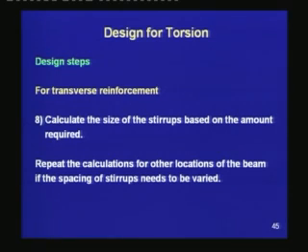The eighth and the final step is to calculate the size of the stirrups based on the amount required. Once we know SV, from the value of ASV by SV, we can calculate ASV, and from there we calculate the size of the stirrups and the number of legs that will satisfy the value of ASV.